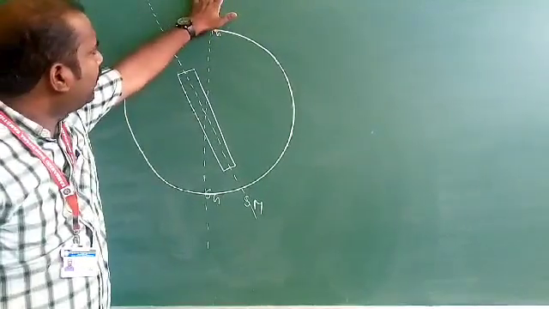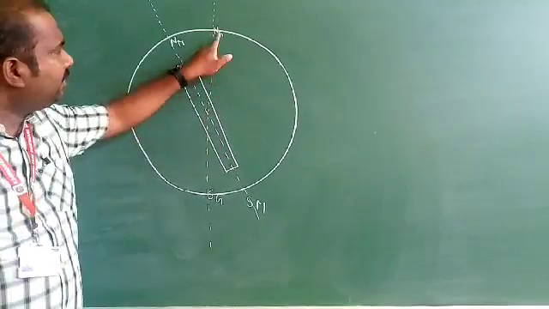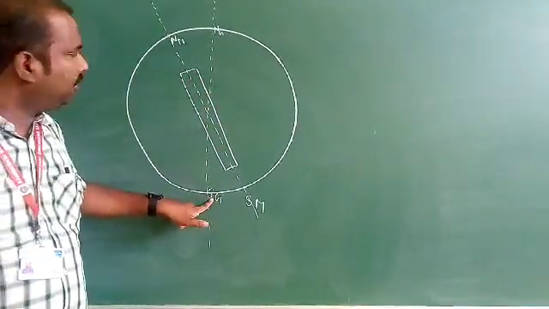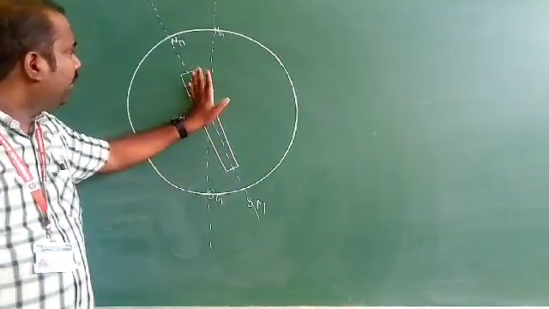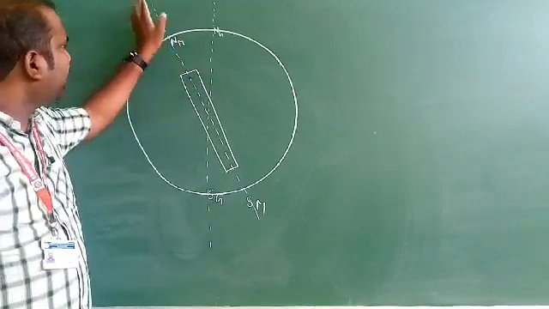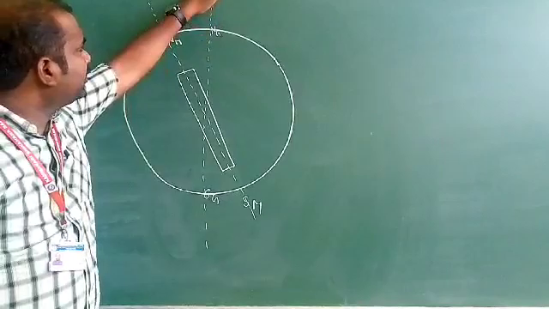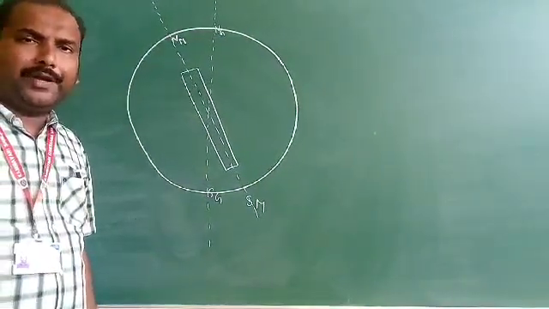This is the original axis of the Earth, and this is the true geographic north and this is the true geographic south. And here the Earth's magnet is there, and the line which is passing through this magnet, we call it the magnetic meridian. The line which is passing through geographic north and geographic south, we call the geographic meridian.